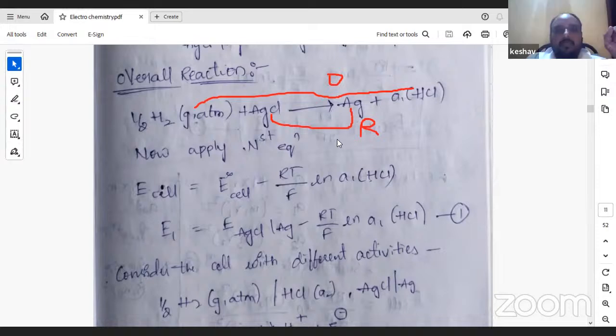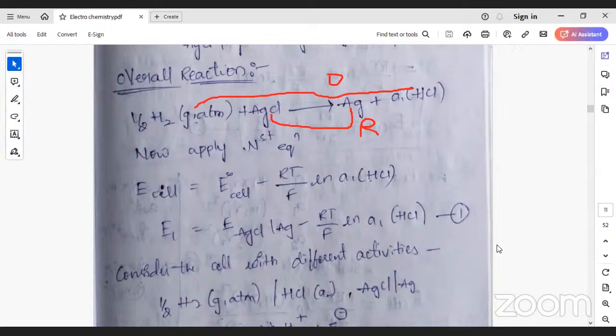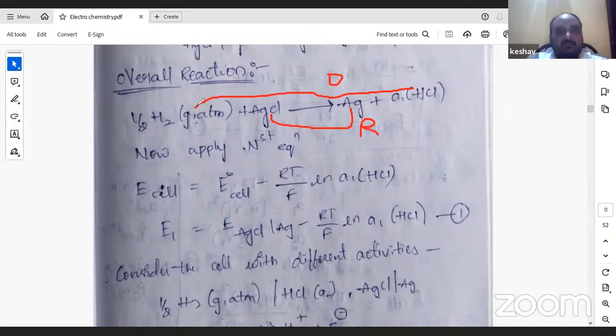So hydrogen will be involved in oxidation. Silver chloride will be involved in reduction. If we apply the Nernst equation to this, E cell is equal to E naught cell minus RT by F ln activity of HCl, because this is the only concentration we will consider.